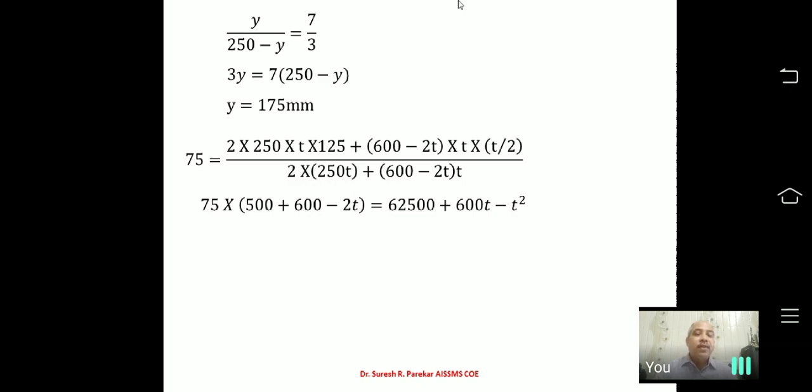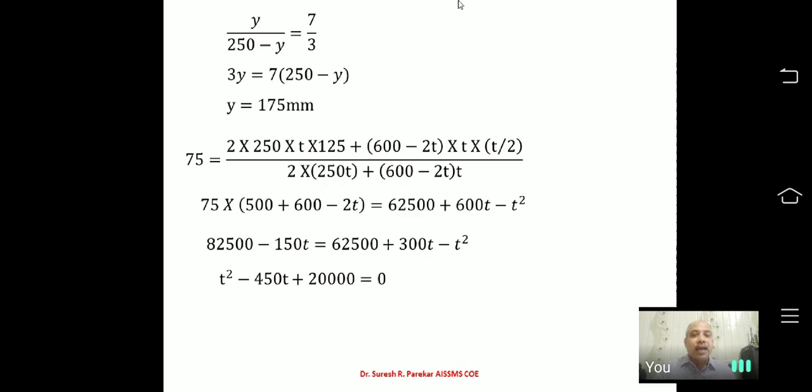Now on the right side we have cancelled t from all the terms. Keep in mind, t we have cancelled from the denominator and numerator, because we have t in each term. And now we have simplified this. By simplifying, you are going to get this equation as 82500. After multiplication, we have solved this. And after this, I will get a quadratic equation in terms of t, and that quadratic equation gives me the value of t equal to 50 millimeters.